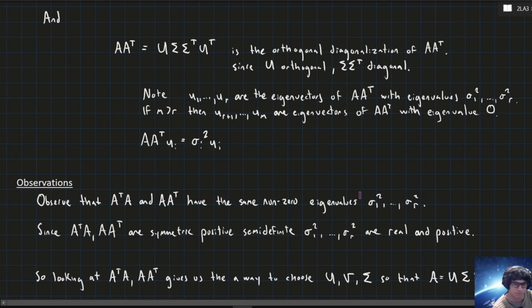So 0 could be floating around in the eigenvalues of these matrices, but for these important eigenvalues, the non-zero ones that are positive, they will be the same between these two matrices.